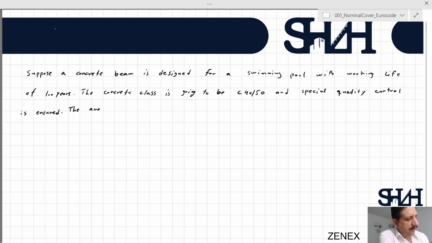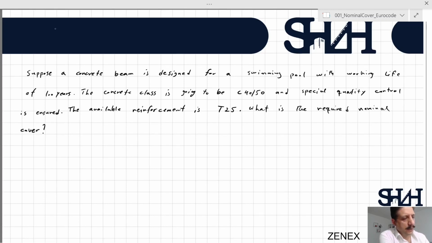The available reinforcement is T25. So it means that we are going to use T25. What is the required nominal cover? So let's write the summary of the example.